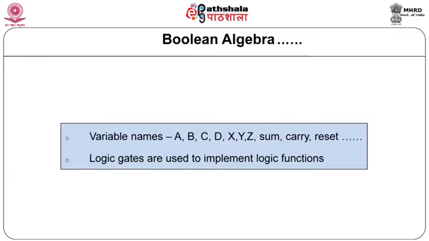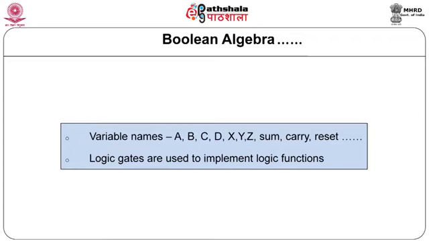Variable names can be represented as a single character or a word, like variables a, b, c, d, x, y, z, sum, carry, reset, etc., which are used in Boolean algebra. Logic gates can be used to implement logic functions.